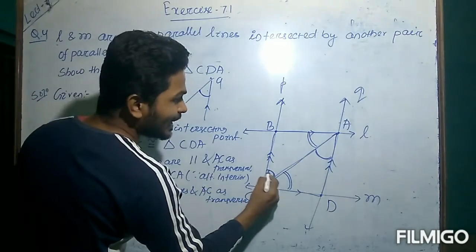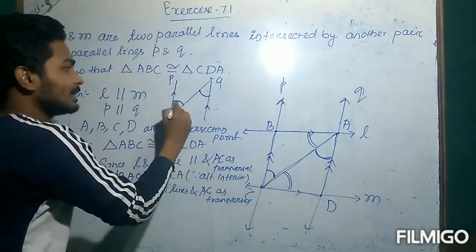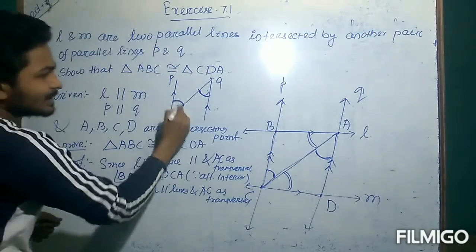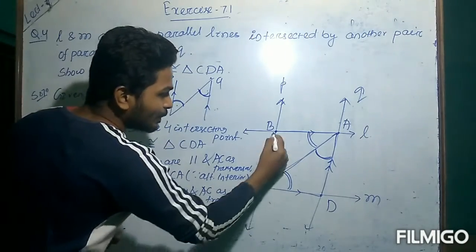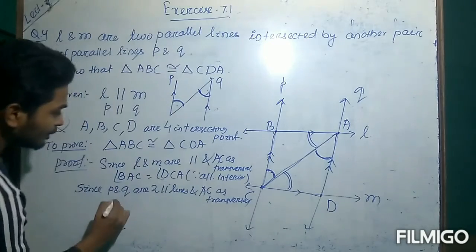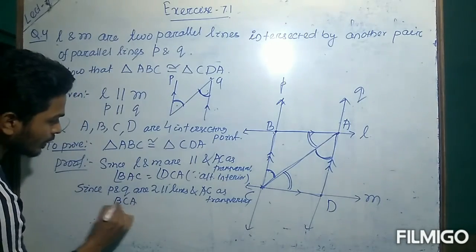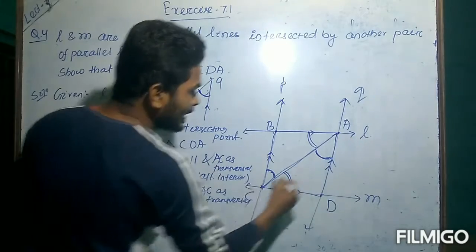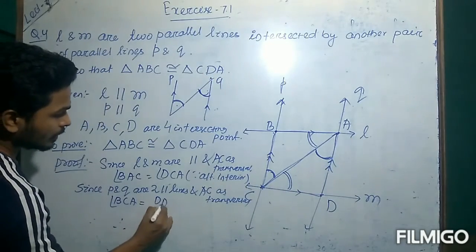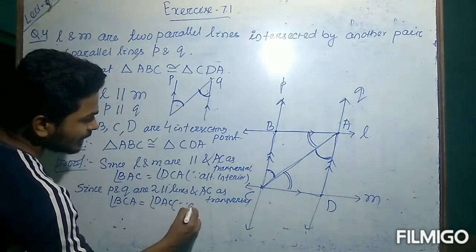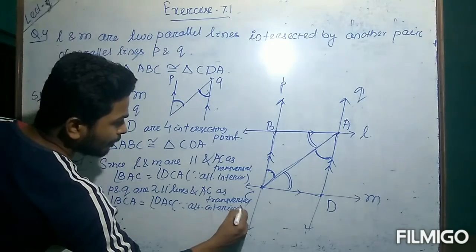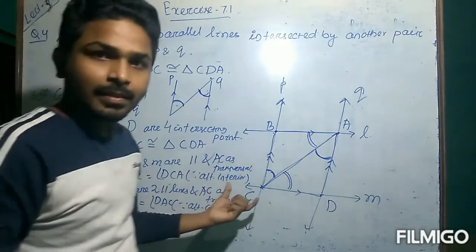So angle BCA is equal to angle DAC because they are alternate interior. Now you get this?